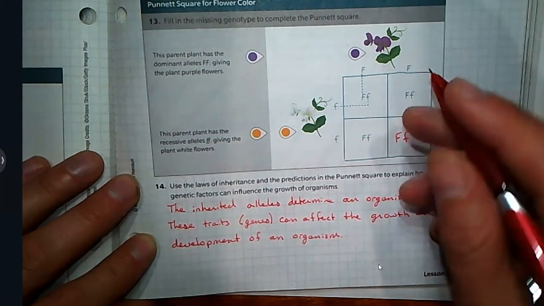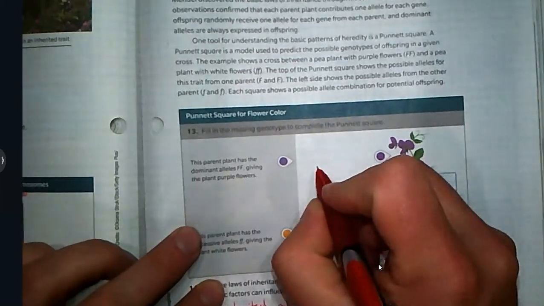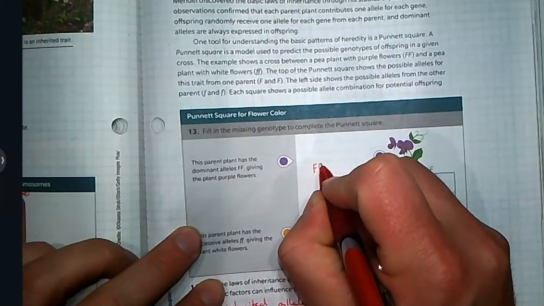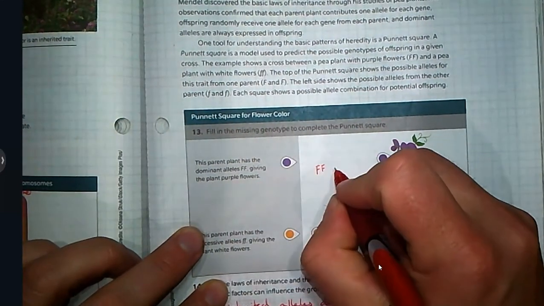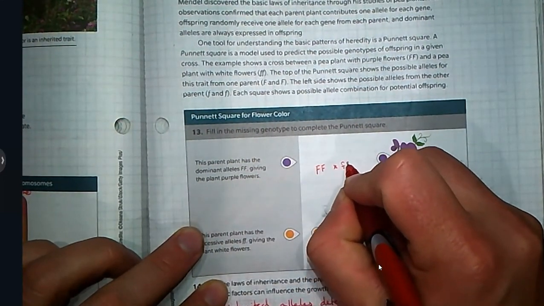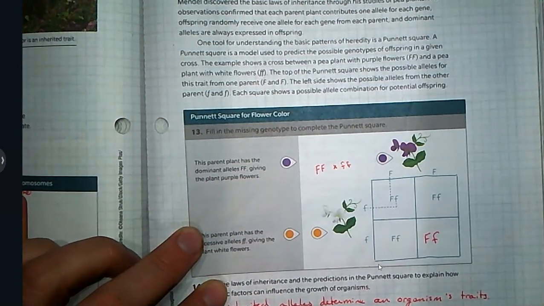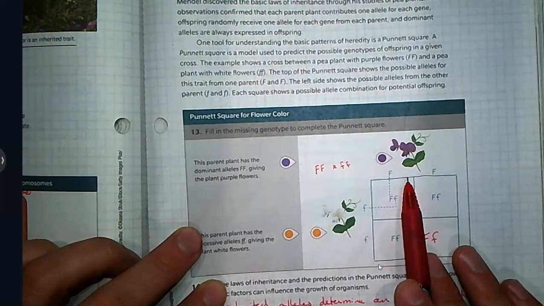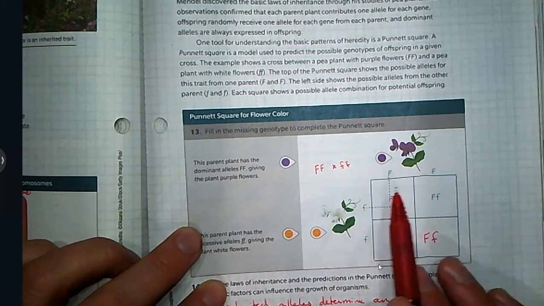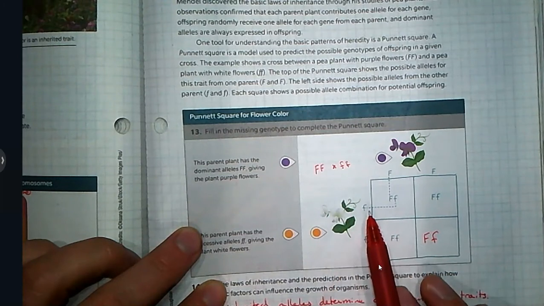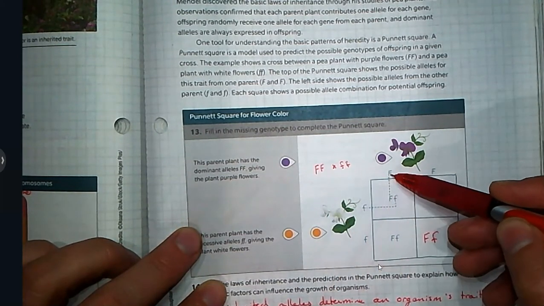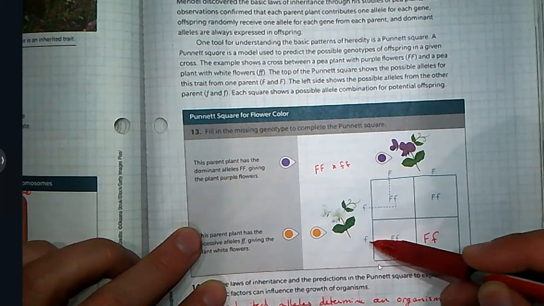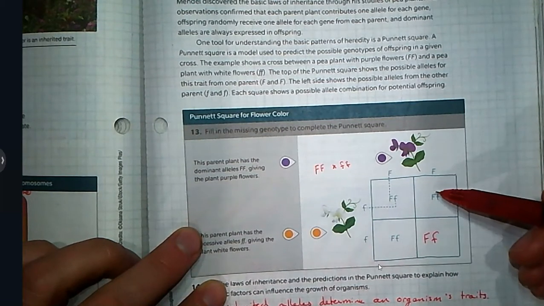What we're crossing here is one organism with a genotype of capital F, capital F, with another that has lowercase f, lowercase f. So we take these two capital F's, bring them over to one side, and split them apart. Two lowercase f's, we bring them to the other side, split them apart, and then you just match them up. We take this capital F, bring it down, capital F, bring it down, lowercase f across, lowercase f across. Same thing over here.